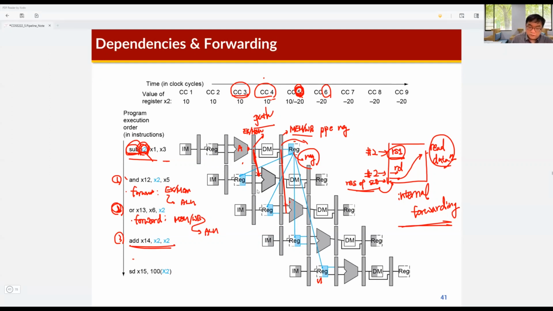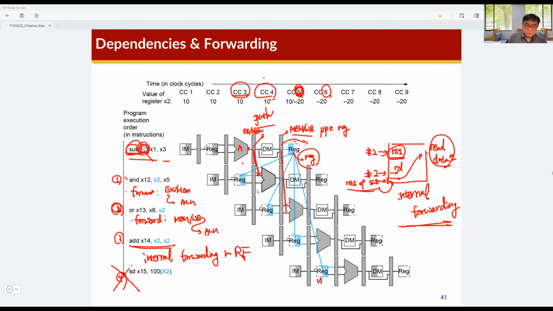We can solve it using internal forwarding in the register file. Okay. And then for the fourth instruction, we don't need to consider data forwarding because the required data already exists in the register file.